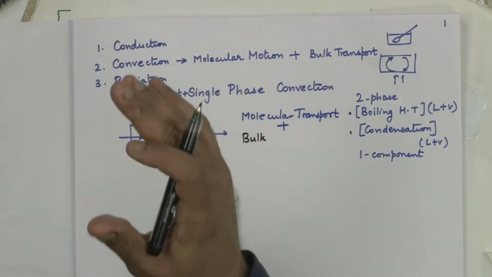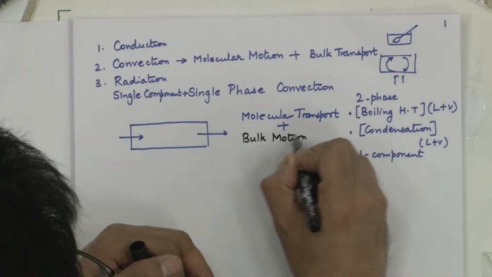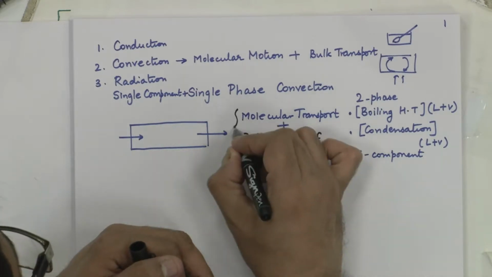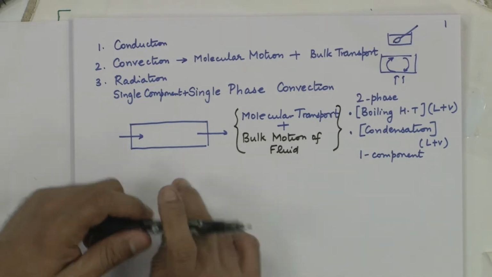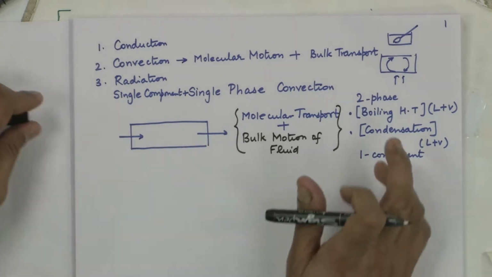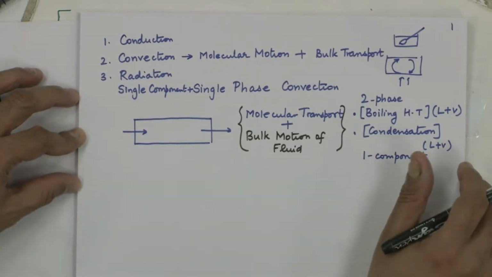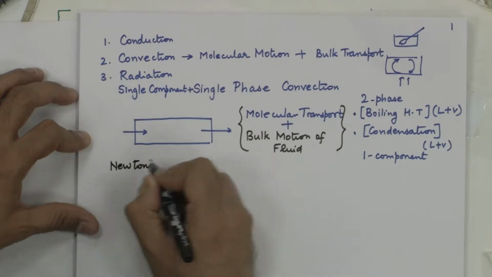Bulk means the entire fluid is moving. These two together form what we call convective heat transfer. The important law which governs this convective heat transfer is the well known Newton's law of cooling.